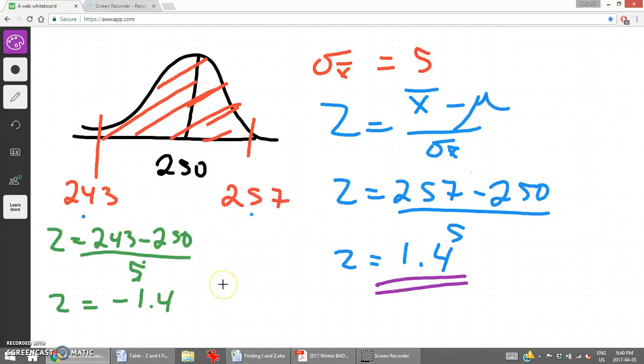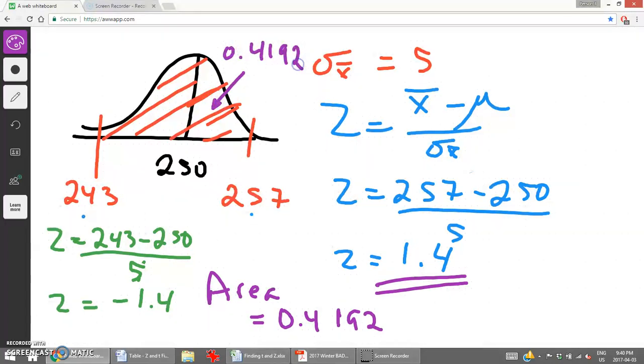So let's write that here. So the area is 0.4192. That area corresponds to this section in here, 0.4192. The Z value of negative 1.4 would also correspond to an area of 0.4192.